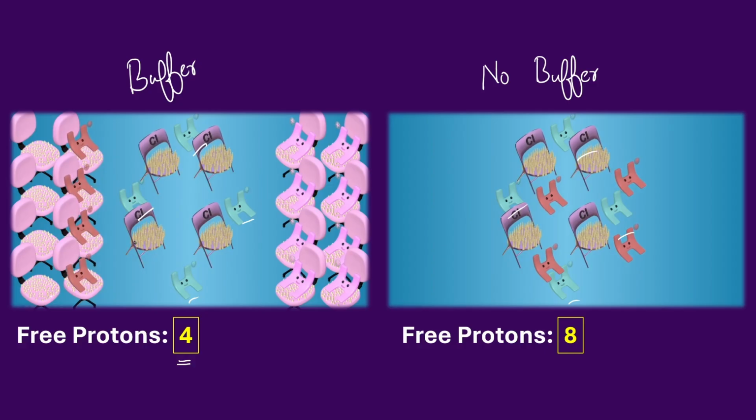But here the conjugate base picked up the protons. So the number of protons went back from 8 to 4. It started from 4, then rose to 8, and then again to 4. Actually this happens in fractions of a second, not even seconds, maybe nanoseconds. It happens very quickly.